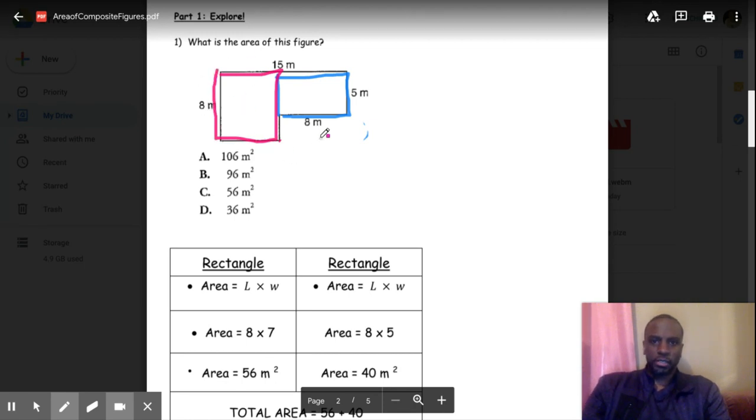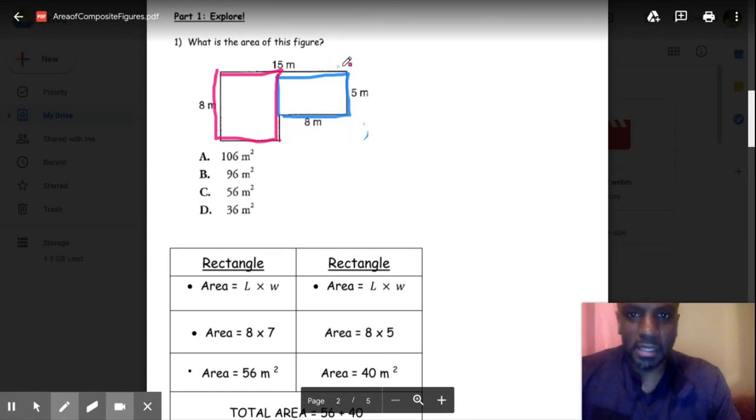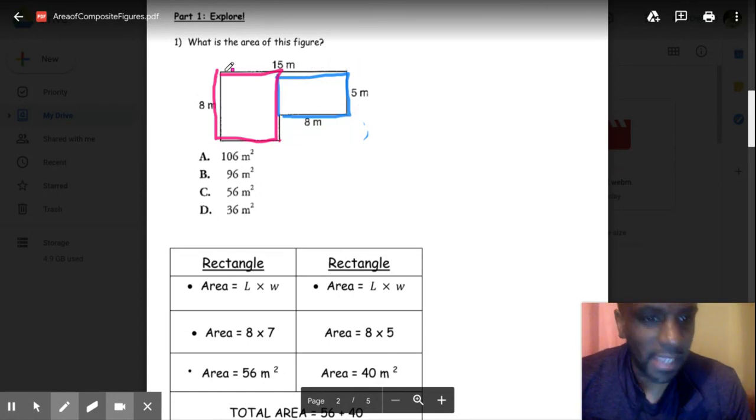So this one, first of all, I know that this total length is 15. And this little part right here is 8. So that means from here to here has to be 15. So 8 plus what will give me 15? Look at that. This is 8. So that means from here to here has to be 8.